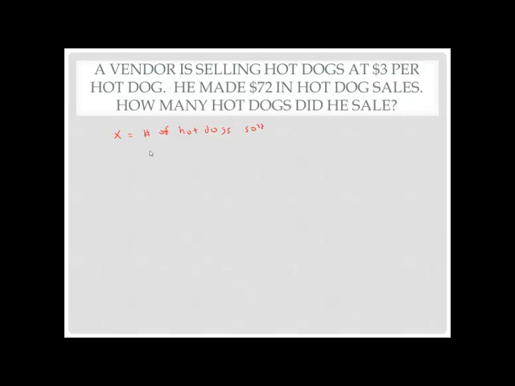Okay, so what we know is that each hot dog costs $3. And at $3 per hot dog, the vendor made $72. So let's see, how many hot dogs did that vendor sell?